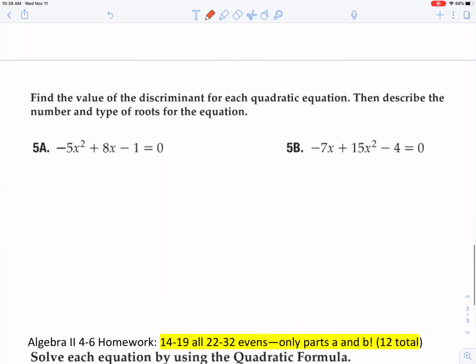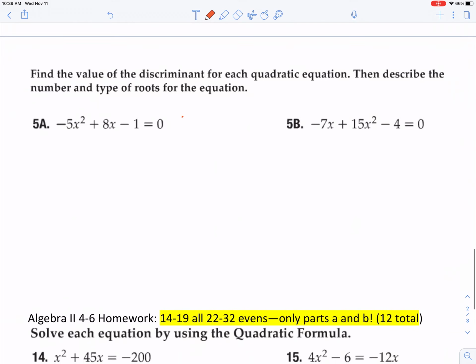Okay, so let's do an example real quick. And again, you're just doing the negative b, oh, I'm sorry. You're just doing the b squared minus 4ac. That's the discriminant. Again, make sure it equals 0 and plug in. B squared, that's going to be 8 squared minus 4. A is negative 5 and C is negative 1.